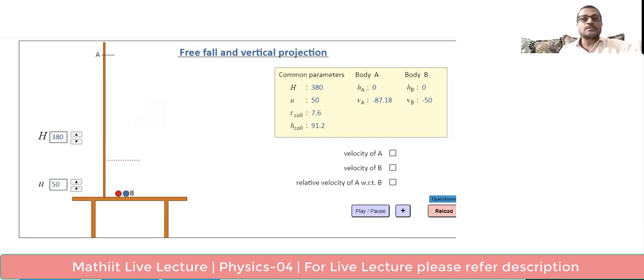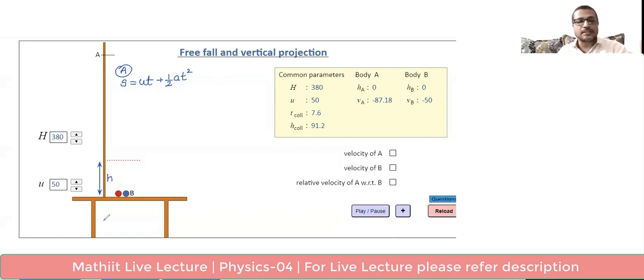Okay. Now, let us look at this. For body A, let us use S is equal to UT plus half AT square. Okay, then if I call this distance as H, I'm just writing this here for our convenience.